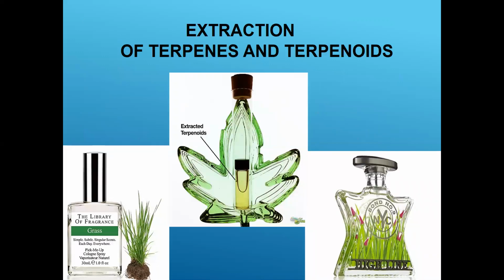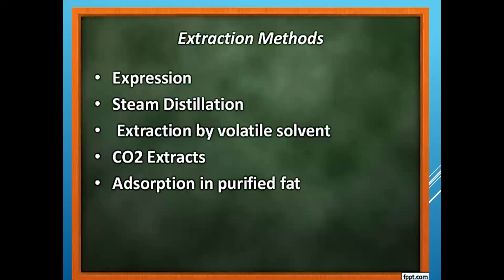Extraction of terpenes and terpenoids. Extraction methods: expression, steam distillation, extraction by a volatile solvent, carbon dioxide extracts, adsorption in purified fat.